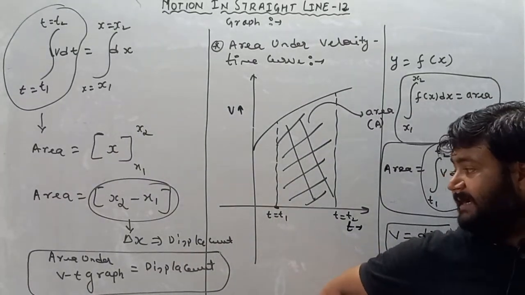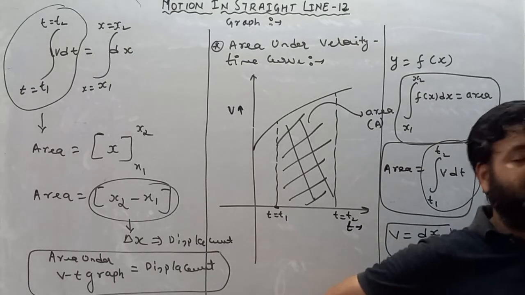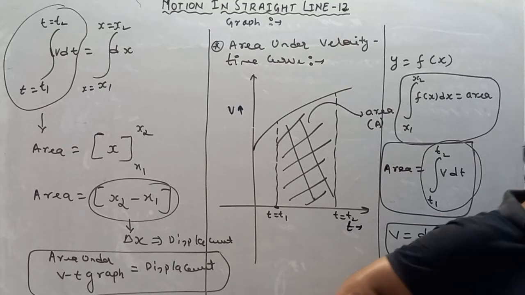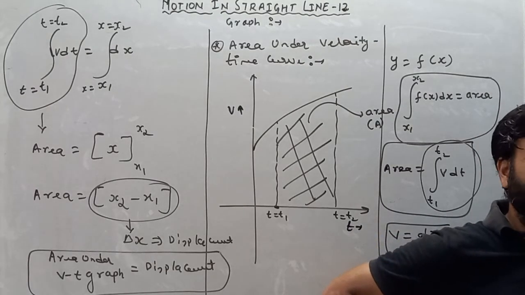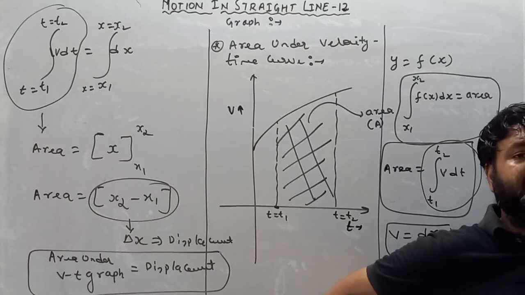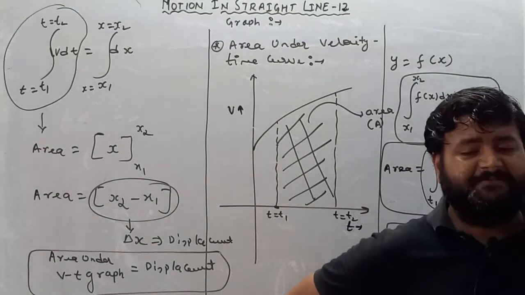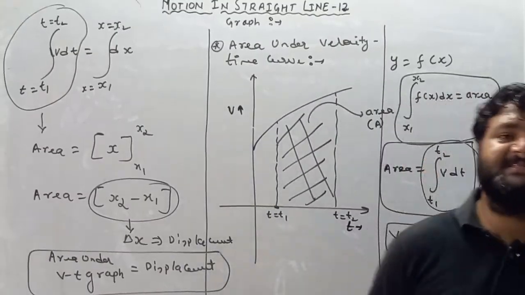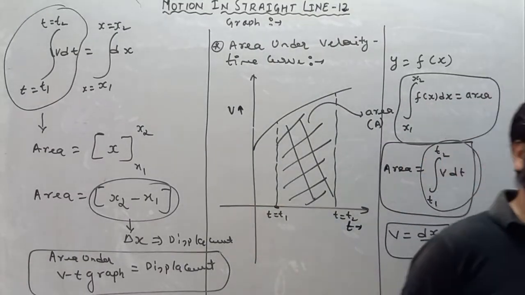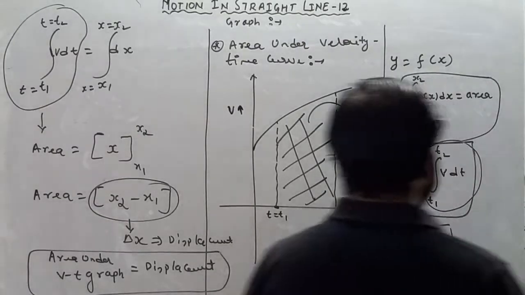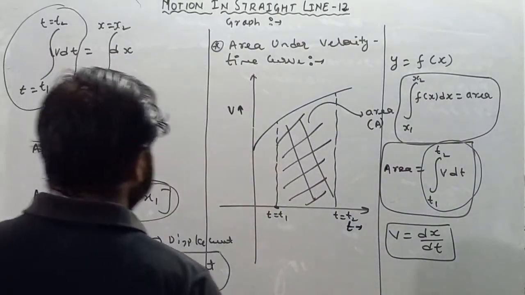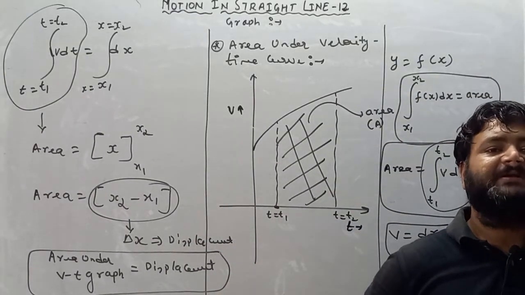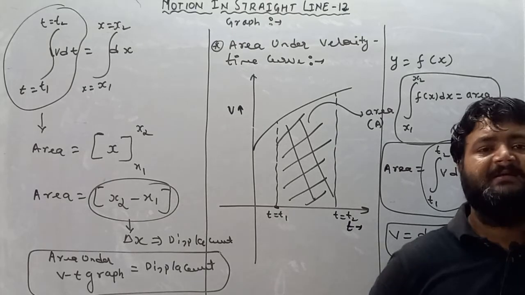Write down: area under velocity time curve between time t1 and t2 gives the displacement of particle during time interval t1 to t2.